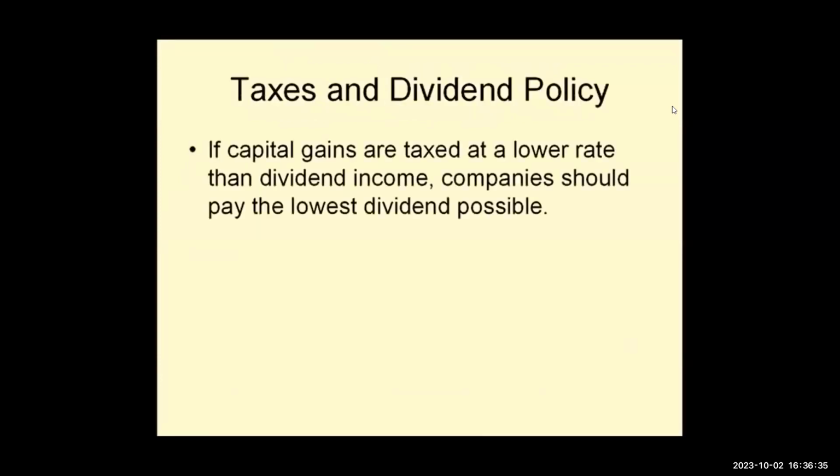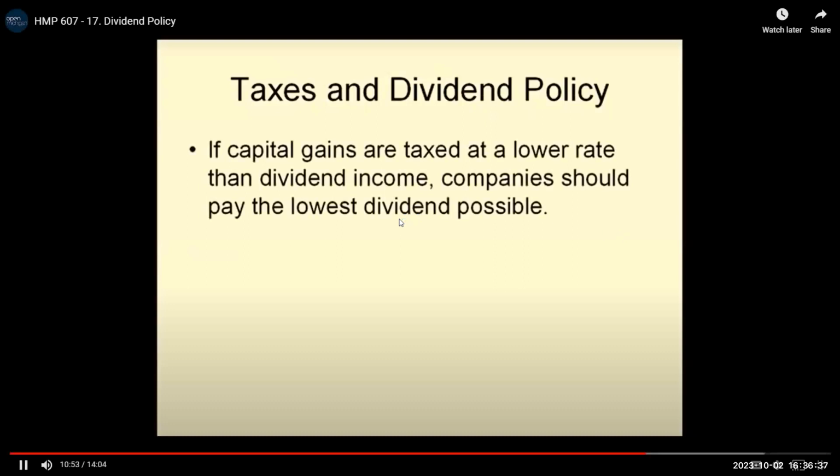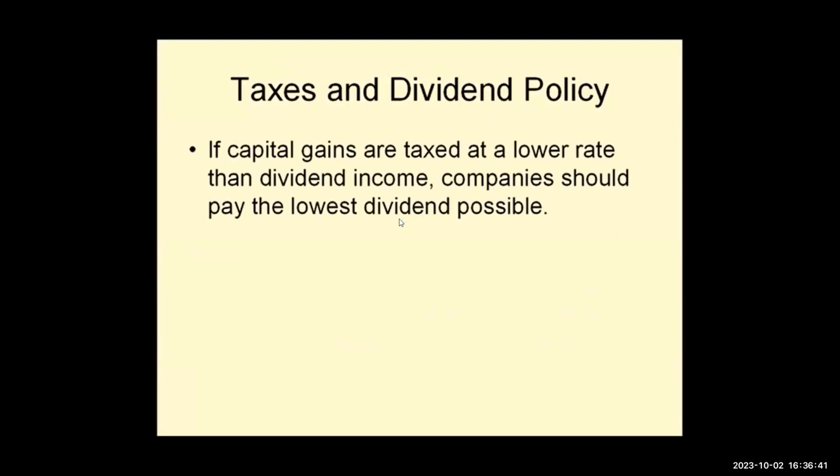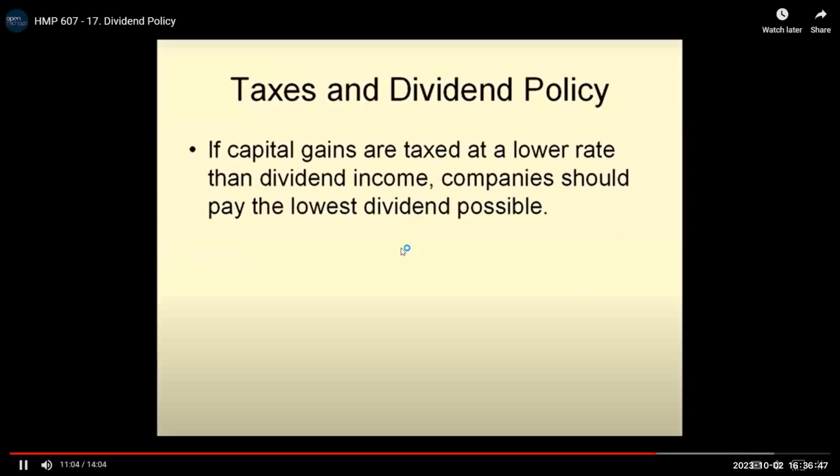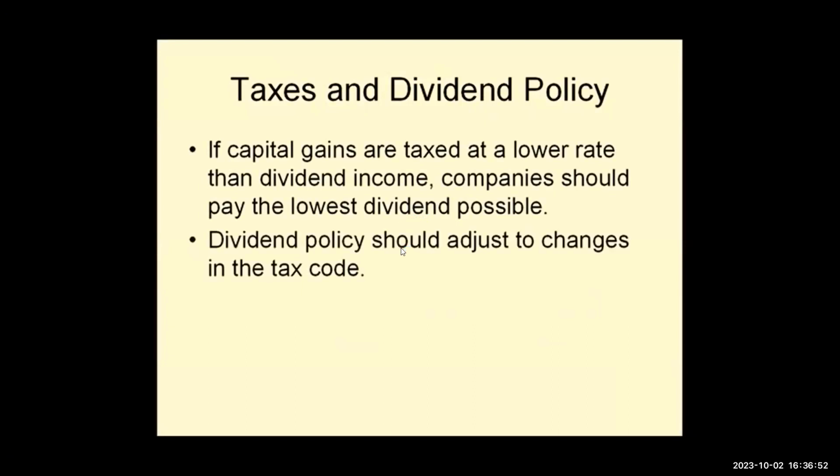As a general rule, if capital gains are taxed at a lower rate than dividend income, which has typically been the case in, let's say, the last 100 years in our country, companies should pay the lowest dividend possible. Dividend policy should adjust to changes in the tax code.